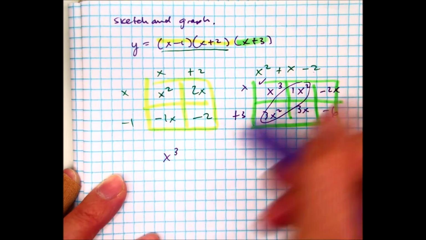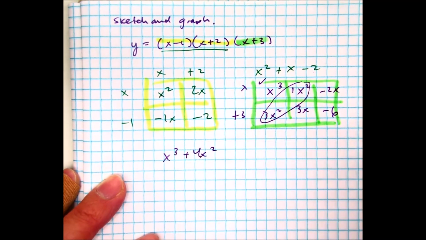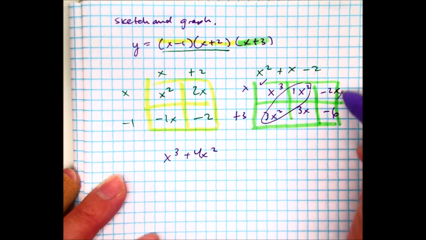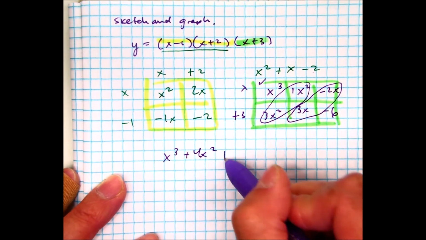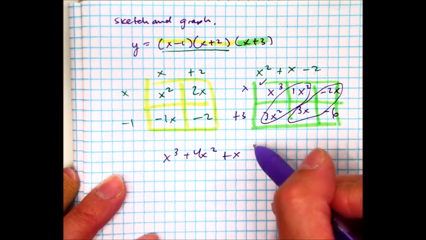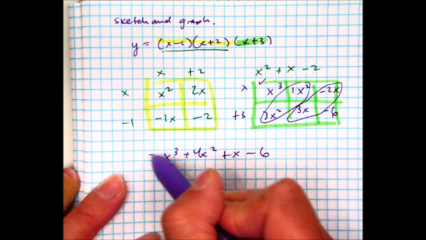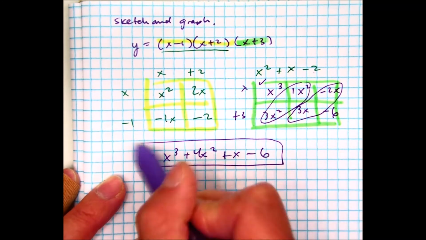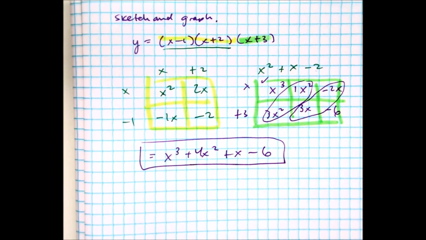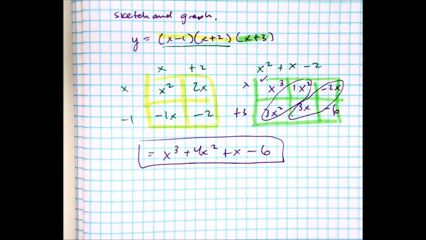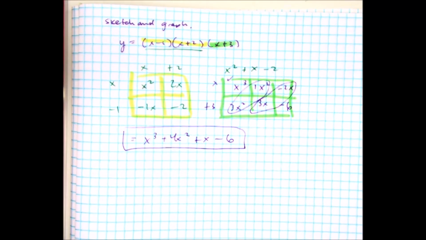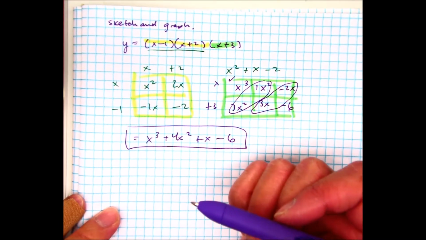It's right there. 4x squared. Plus x. 6. Raise your hand if you got that. So basically you are multiplying the polynomial twice.